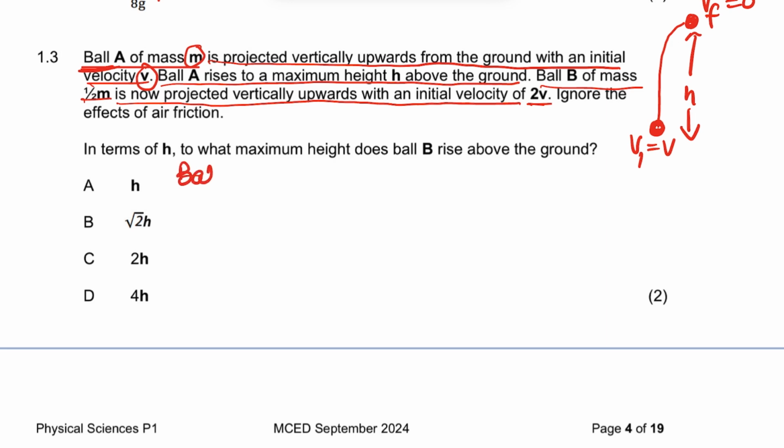So we're going to start with ball A, and we're going to use the formula Vf squared equals V initial squared plus 2 delta y. Why are we using this formula? Because we have the final velocity for ball A, the initial velocity, and an acceleration, and we're looking for the displacement.